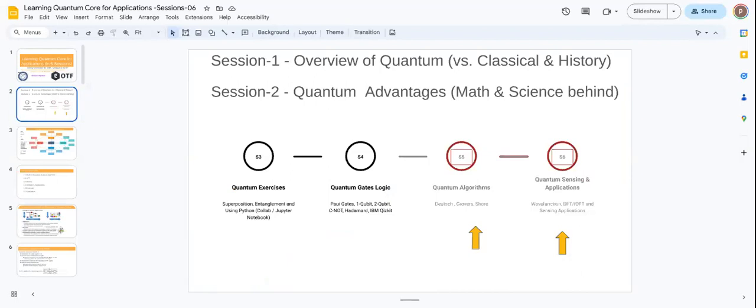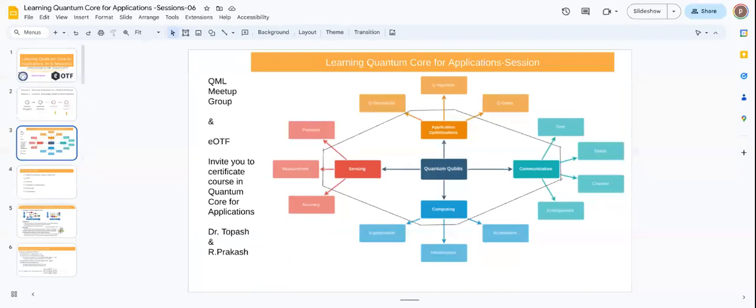And the overall picture, as you see, includes various topics like the qubits, the computing portion of it with the infrastructure underneath, the communications which relates to the channels, the classical as well as the quantum channels, and then on the left side, the sensing, which includes the PNT, that is the positioning, navigation, and timing, and the top one, which is algorithms, which includes the gate optimization.